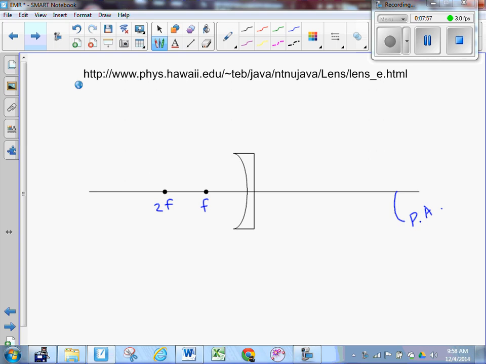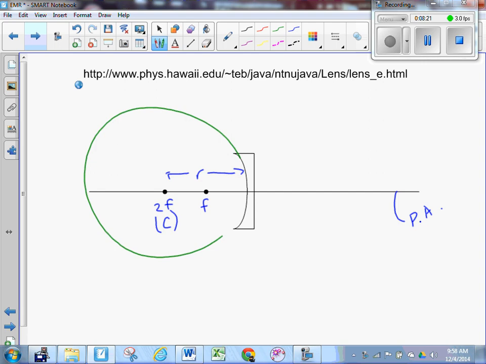For mirrors, 2F is the center of the mirror, the center of curvature of the mirror. It would be the radius of the mirror. If you made a complete circle out of this mirror, 2F would be smack in the middle of that circle.